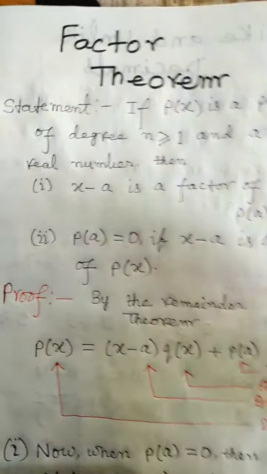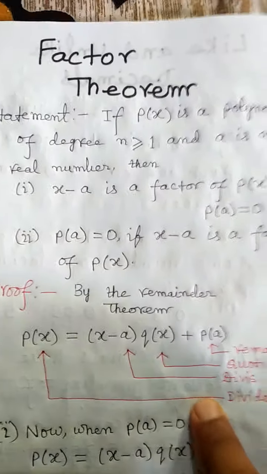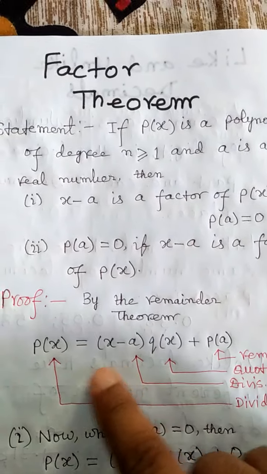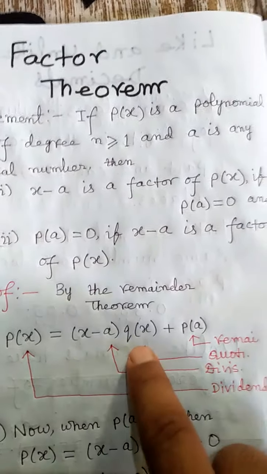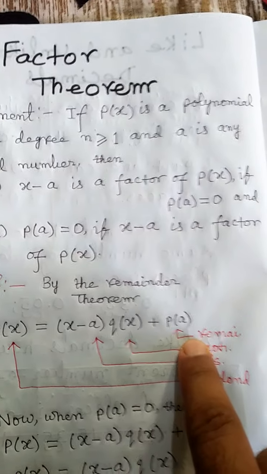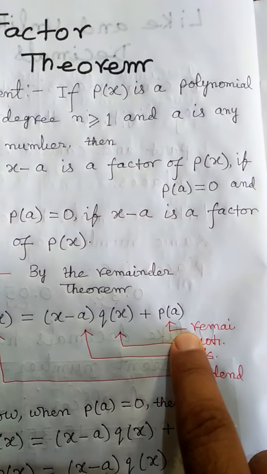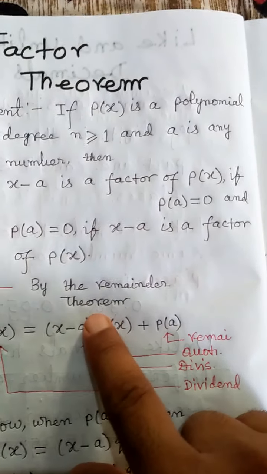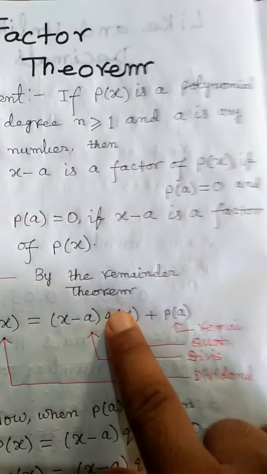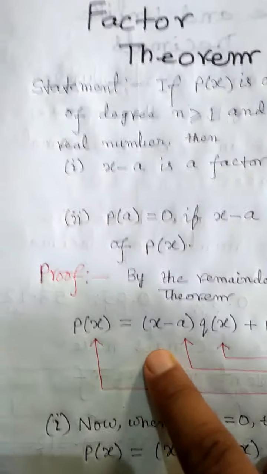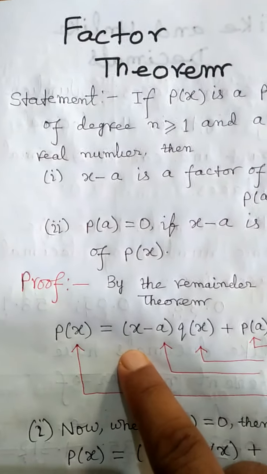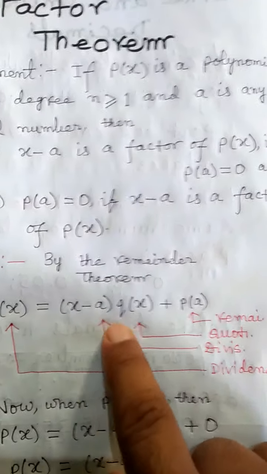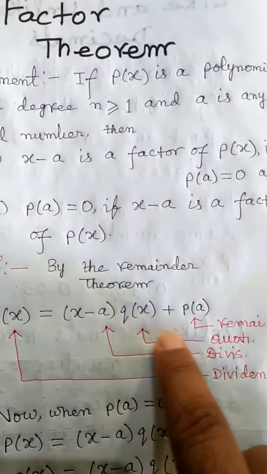According to the division algorithm, we know that dividend is equal to divisor into quotient plus remainder. By the remainder theorem, we know that P(x) is equal to x minus a into Q(x) plus P(a).